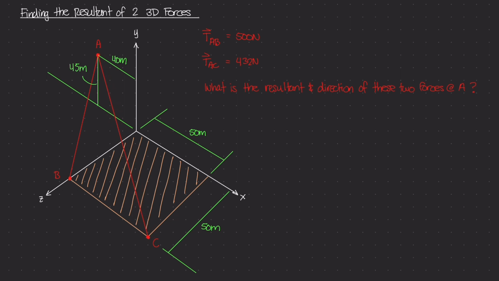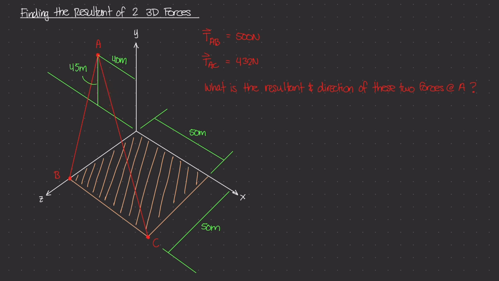And with that information, we want to figure out what the resultant and the direction of the 2 forces at point A are. So you can see that if we look at point A where the 2 cables are joined, there is a support here. And we want to find the resultant force at point A due to these 2 tension forces right here.